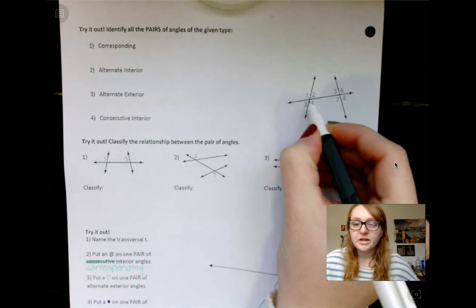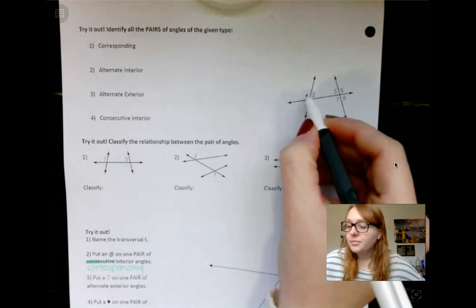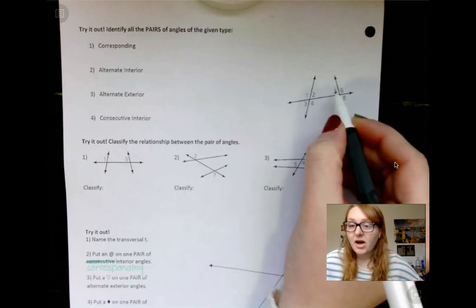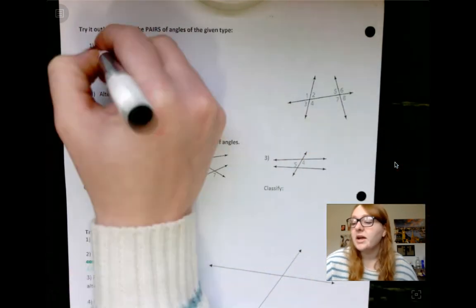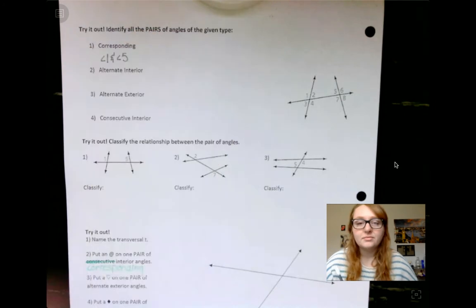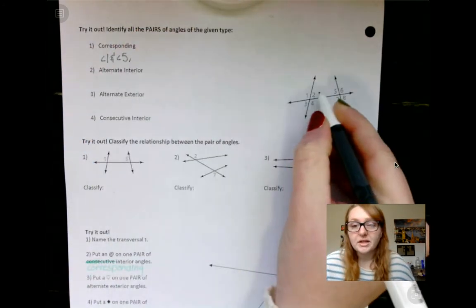So corresponding, we're gonna look at the same part of each intersection. So if we look at this intersection on the left-hand side, we can see that angle 1 is on the top left. On this second intersection, angle 5 is on the top left. Since they are both in top left, they are corresponding. So I can say angle 1 and angle 5. Okay, we'll do top right. In the first intersection, top right is angle 2.